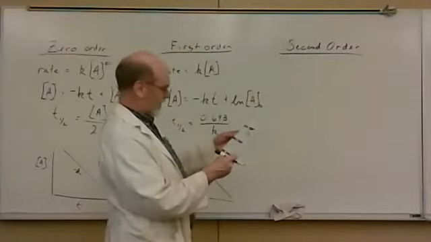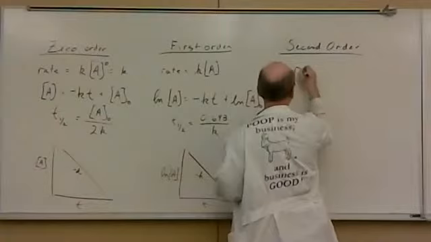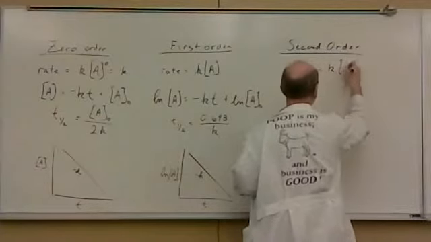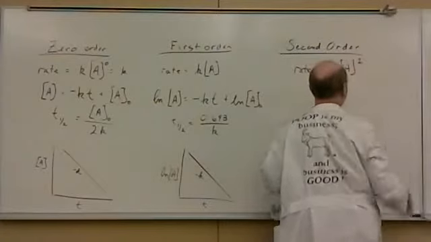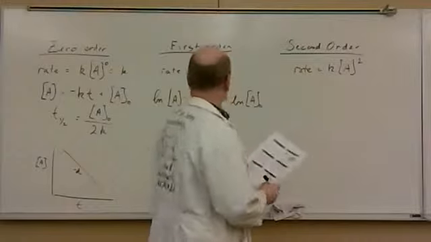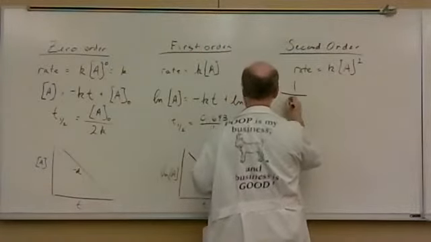Anyway, so second order, the differential rate expression is still K times A to the second power. The integrated rate expression is not the log, but the inverse.